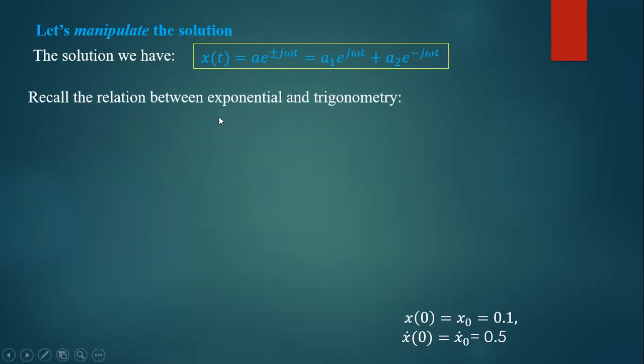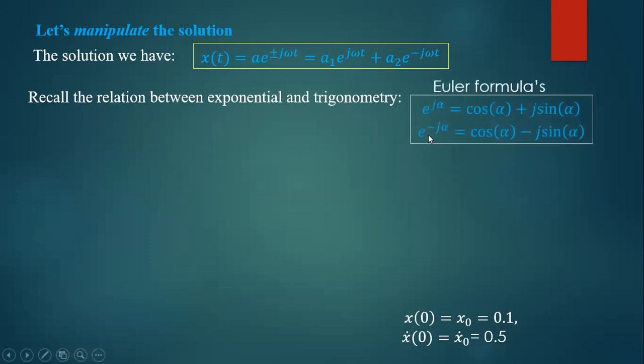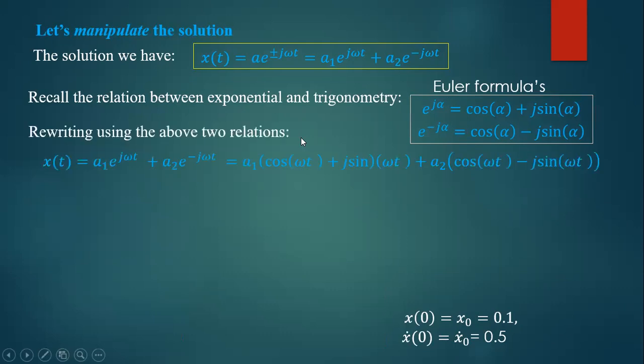Just recalling the relation between exponential and trigonometric functions for the complex form, we apply Euler's formula. In Euler's formulas, we have these relations: e to the power of j alpha equals cos alpha plus j sin alpha, and e to the power of minus j alpha equals cos alpha minus j sin alpha.